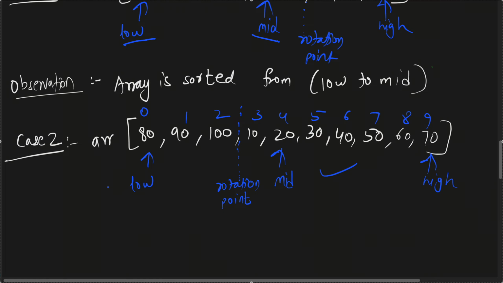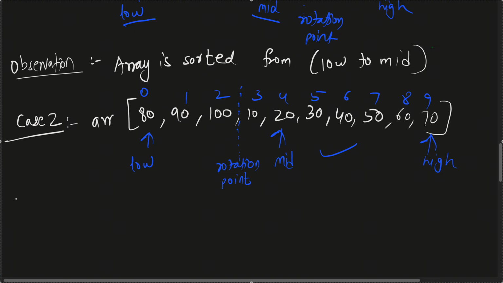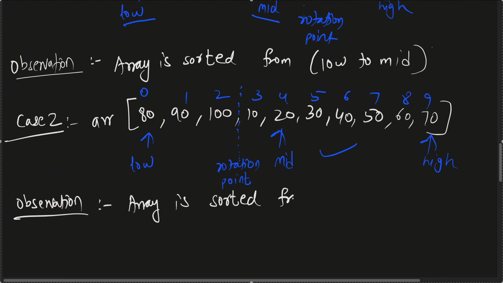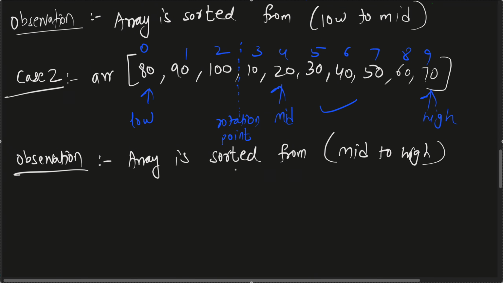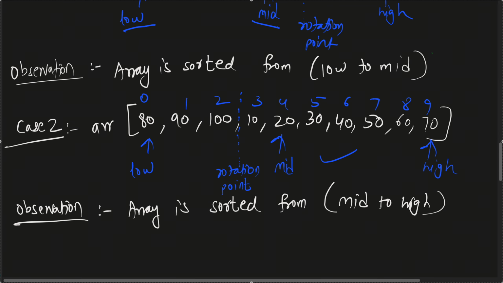Yes, it is sorted, right? So another observation from case 2 is that for this example, the array is sorted from mid to high. So in both cases, the array is sorted in at least one part, right?